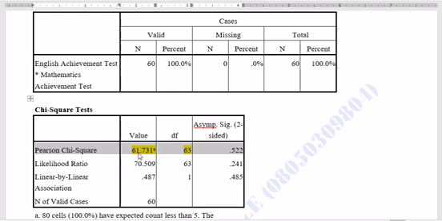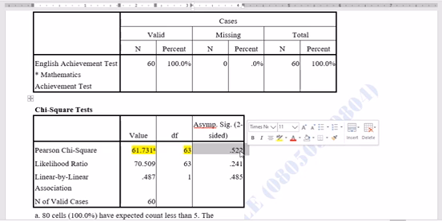I have 61.731 with degree of freedom. What's the meaning of the degree of freedom? Then the associated value of significance is telling me that I have 0.522. And with this value that I have here, it's telling me that it is not significant.